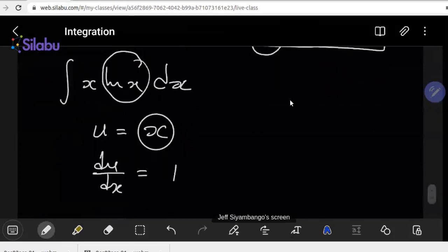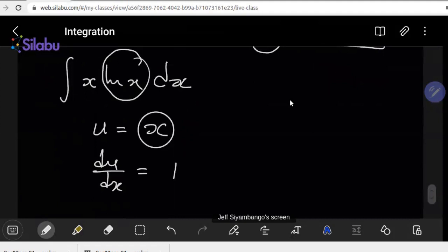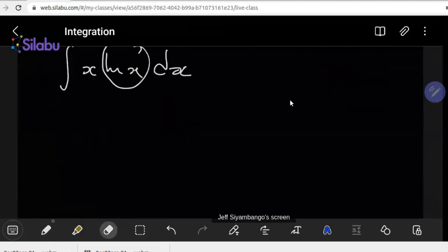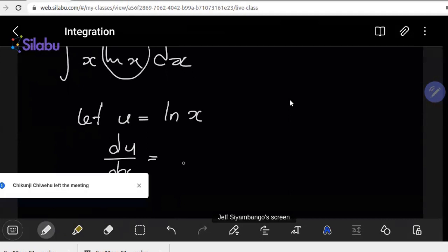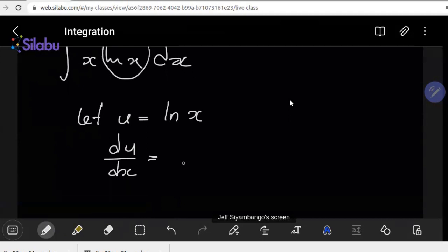So what does that imply? Let's see how it goes. Now we're saying let u be equal to ln x. If you did this, du dx, what's the derivative of ln x? One over x.